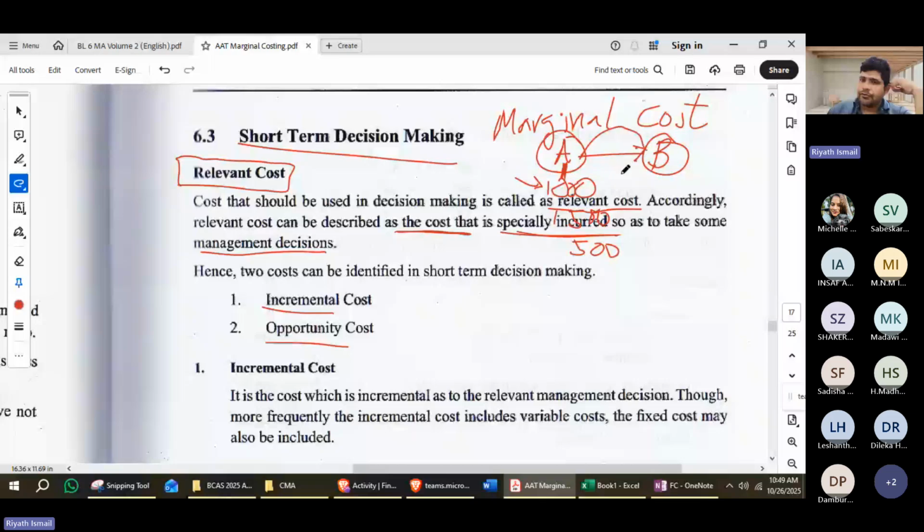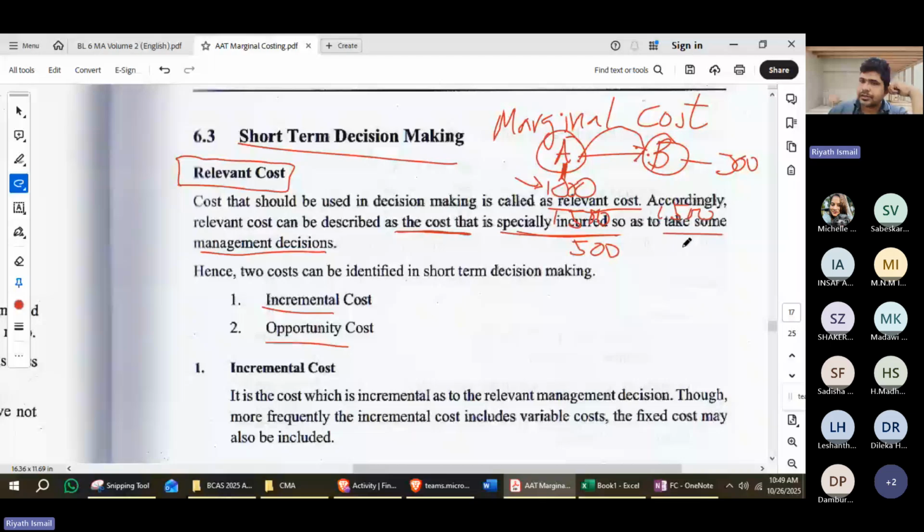When we move to plan B, to switch from A to B, it incurs an additional 300 rupees, and the sales price is still the same, 1,500. Now the profit is how much? 200.